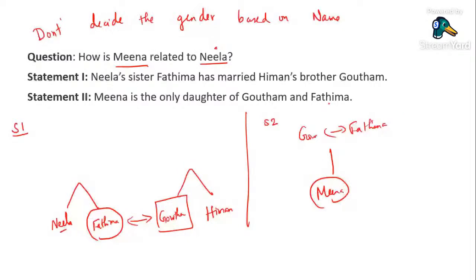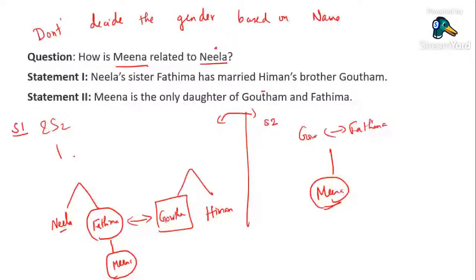Here I'm not taking the gender of Gautam and Fatima to be male or female, because I don't know who is the wife. Just by saying Gautam, you can't take it as male. Clear? So with this, can you say what the relation is between Meena and Neela? No, because there is no Neela in the second statement.